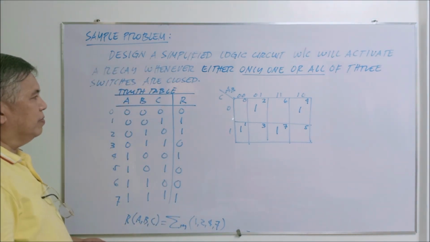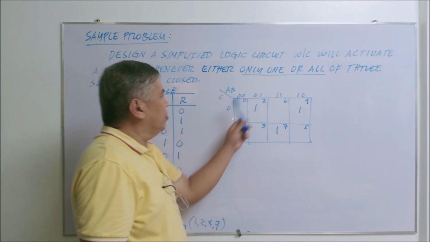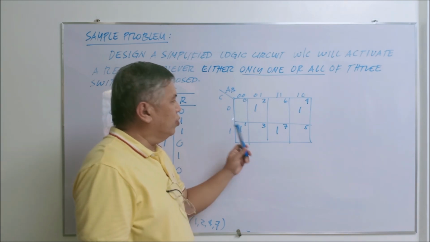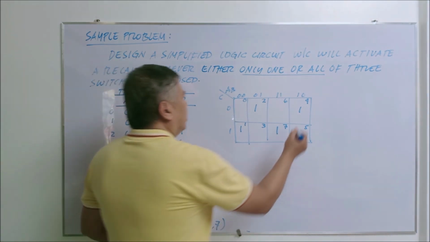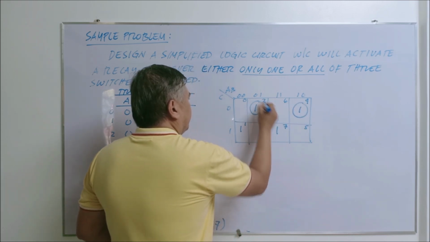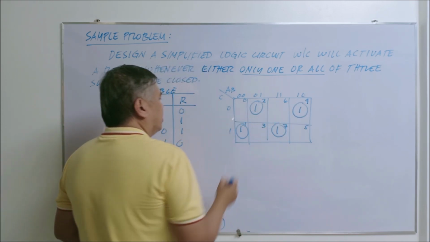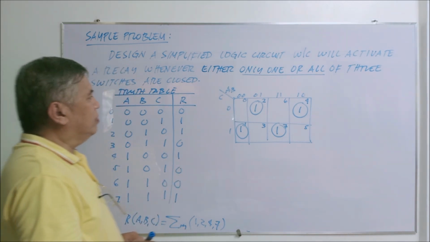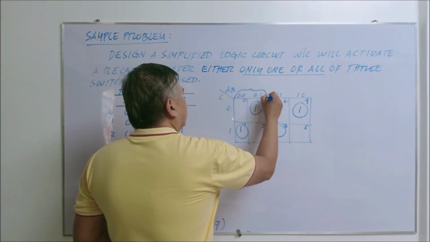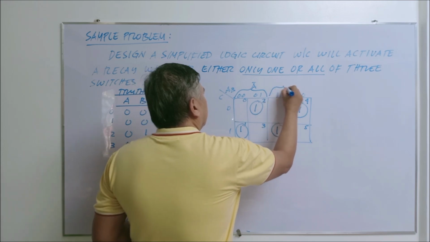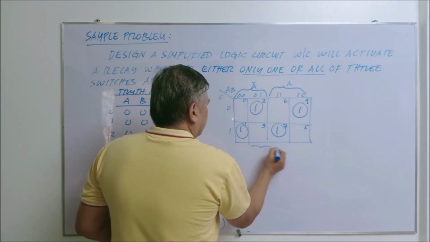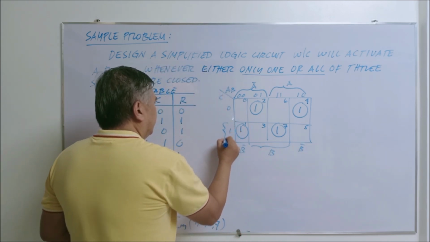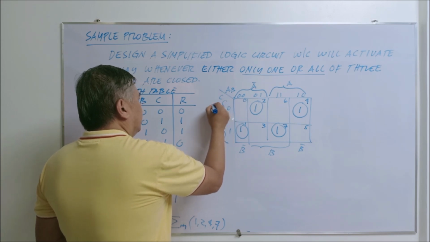If you notice, there are no adjacent cells here, no 4 adjacent cells and no 2 adjacent cells. In other words, these are individually grouped because the cells have no adjacent cells. This one is under A bar, this is under A, this is under B, B bar, C, C bar.